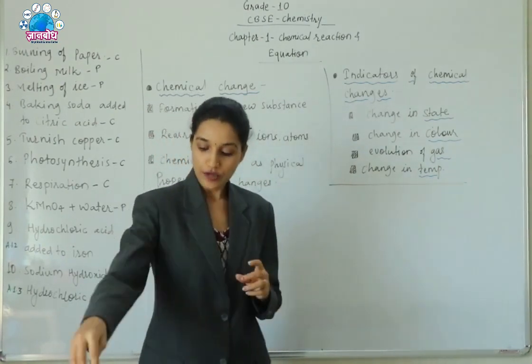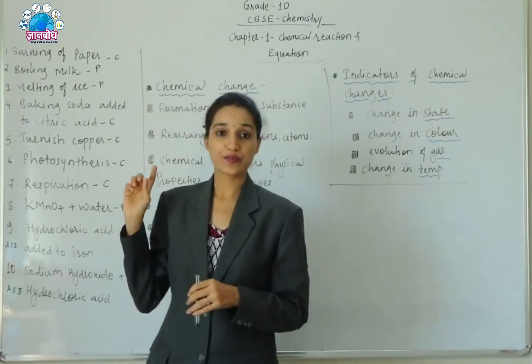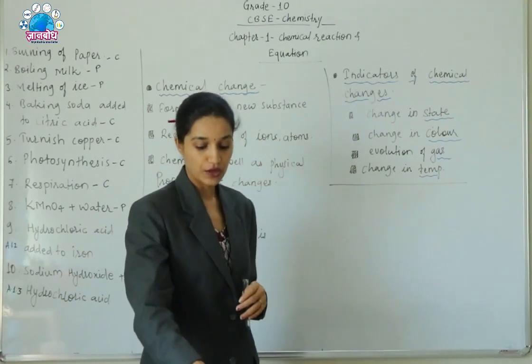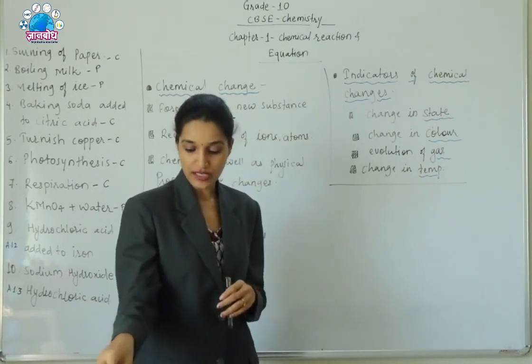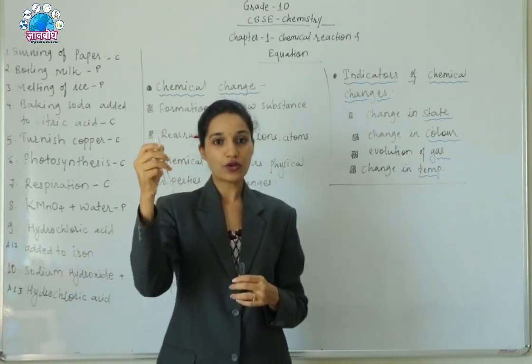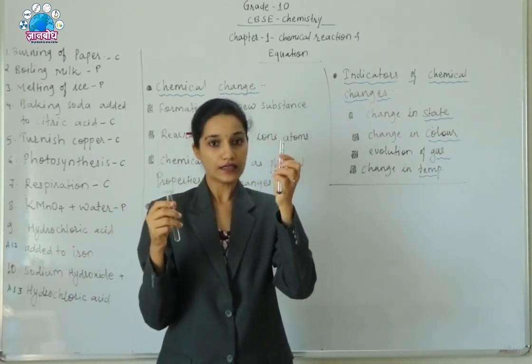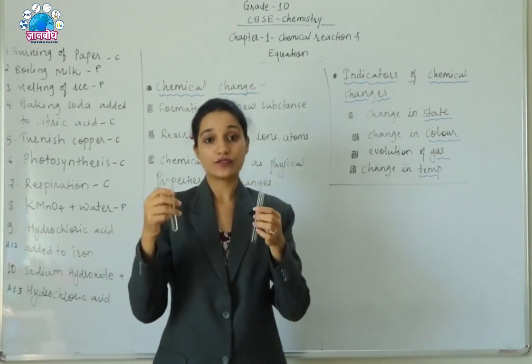Instead of zinc, we are using iron filings, and instead of sulfuric acid, we are going to use hydrochloric acid. Okay, so when I add hydrochloric acid to iron, we are going to observe some changes.